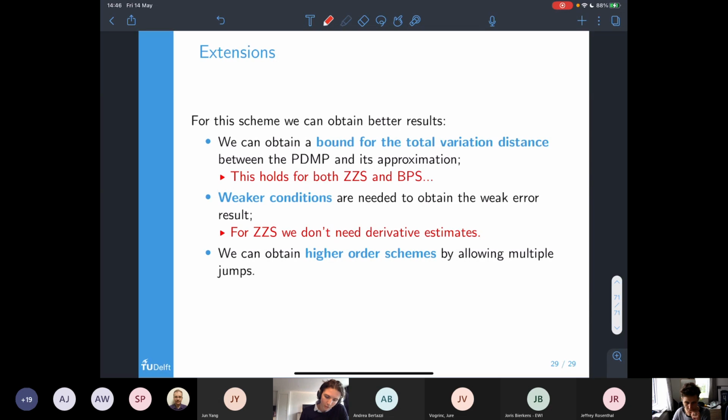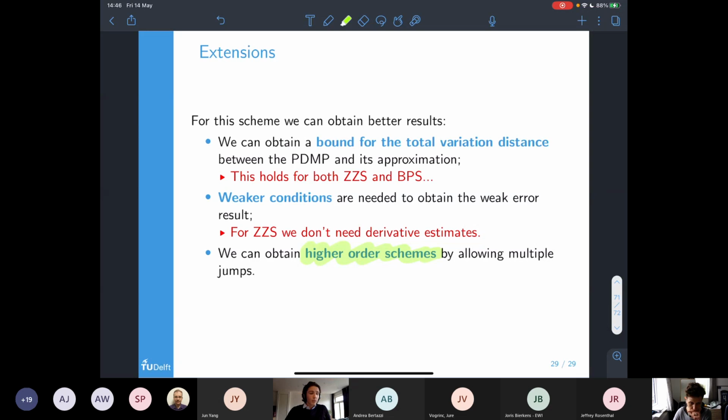But the last thing I would like to say is that in this case, we can also obtain higher order schemes. And the key idea is that if you want that, you need to allow for multiple jumps in the same time step.